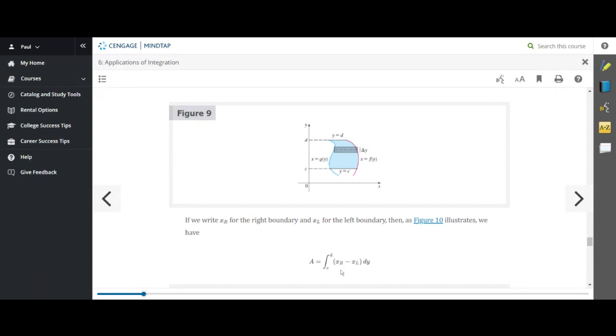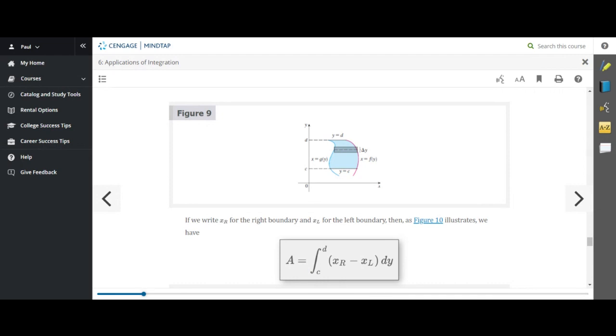If you wanted to find the blue area there in figure 9, you will take the difference between the right function, x sub r, and the left function, x sub l. You see now, it's not y sub t minus y sub b anymore. It's x sub r minus x sub l, the right function minus the left function.